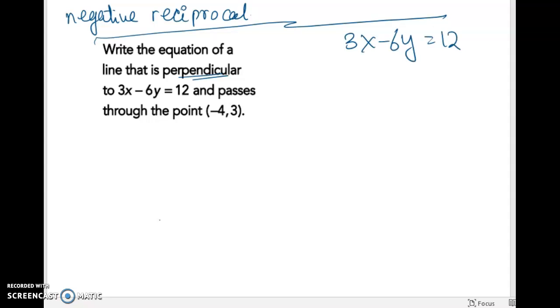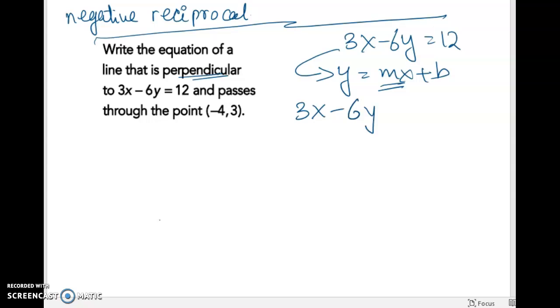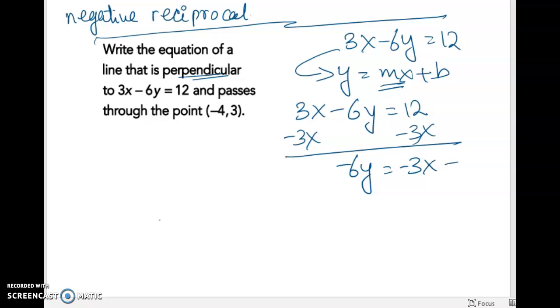My first line of action would be to change it into y is equal to mx plus b so that I can identify what is my slope. Let's try that. 3x minus 6y is equal to 12. I need to isolate y. So minus 3x, minus 3x, minus 6y is minus 3x plus 12.